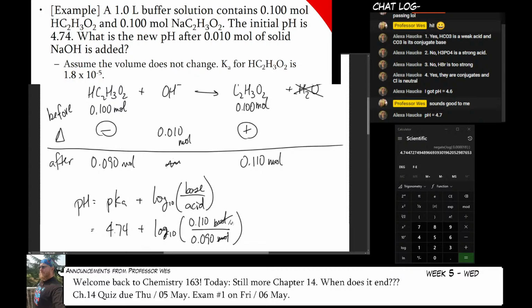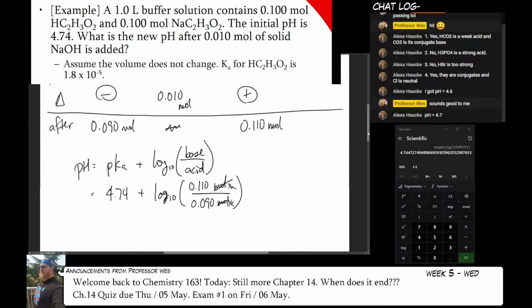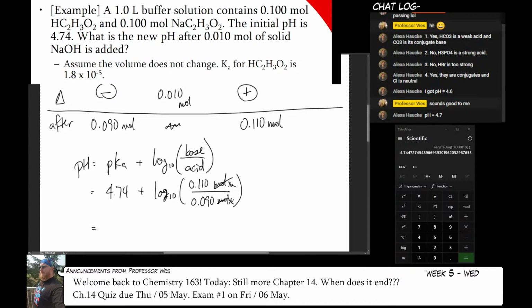And remember, if I had volumes here, I could do this to get a molarity, but those would just cancel. They're the same volume, right? So we'll say 4.74 plus log of base over acid, so that's 0.110 over 0.090. And we have to hit log on that, and then hit enter.